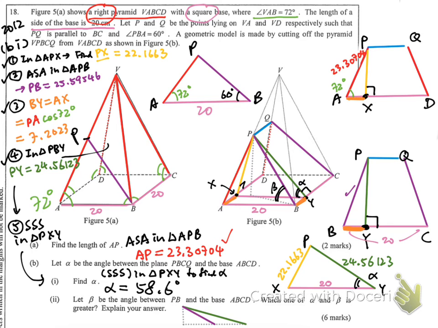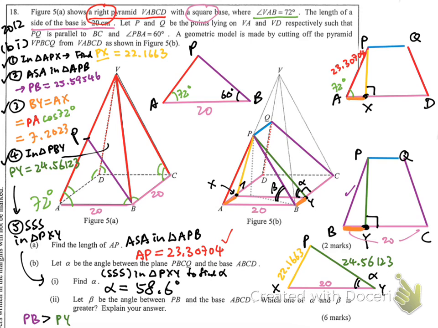If you put them together, you discover something like this. They are not on the same plane, but if you compare, the purple line is longer than the green line. I think it shows in the calculation. We have the purple line PB, longer than the green line PY.